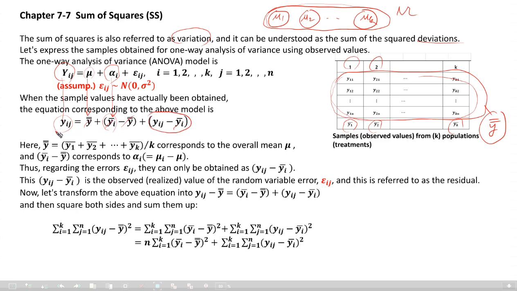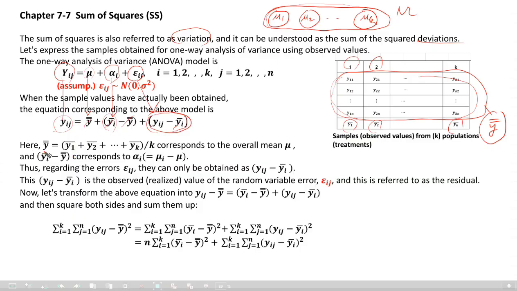So equality holds. This is for the error, right? Epsilon ij will be realized as yij minus yi bar. Understand that? It is to make the equal sign hold.